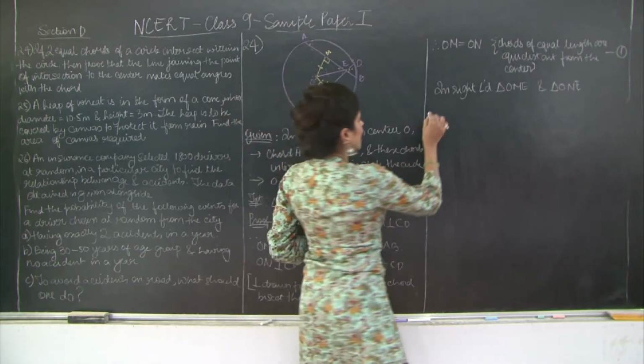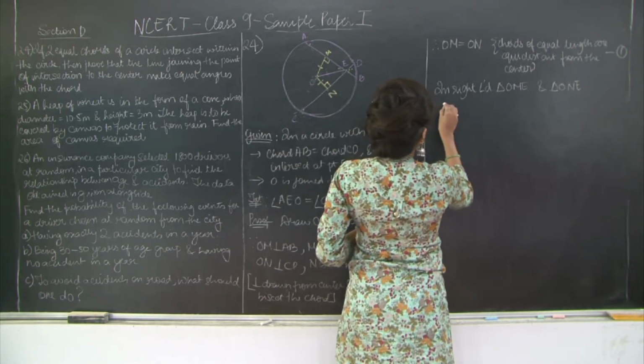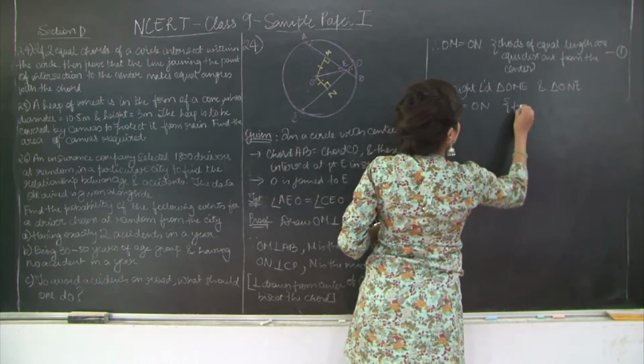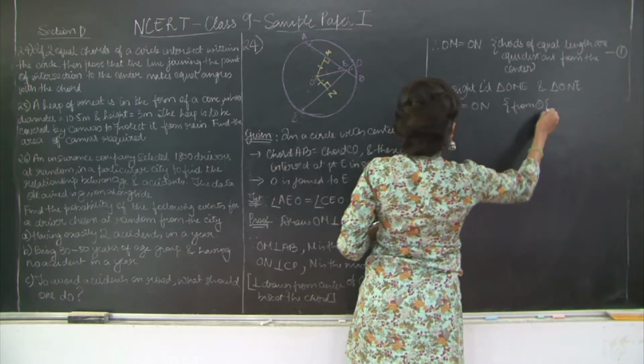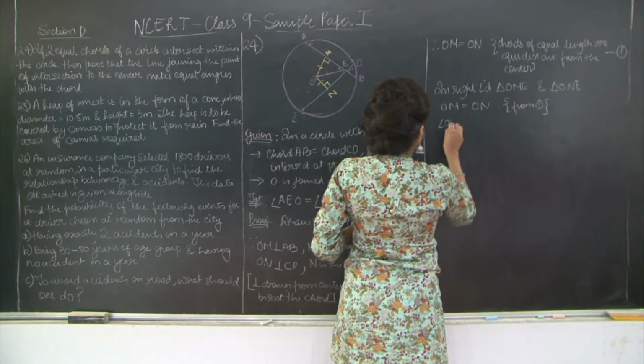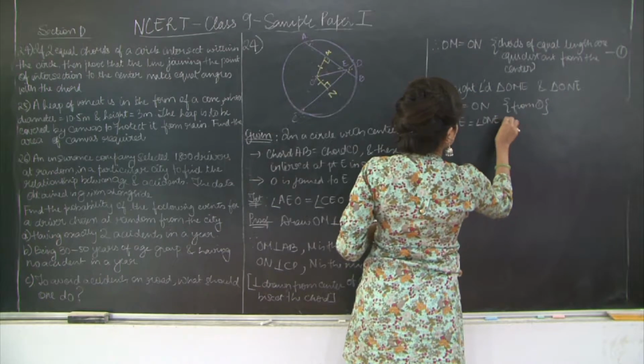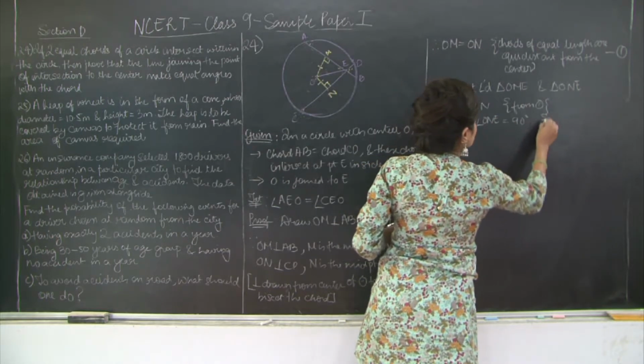Okay, I have OM is equal to ON, from 1. Angle OME is equal to angle ONE, which is equal to 90 degrees. This is through construction.